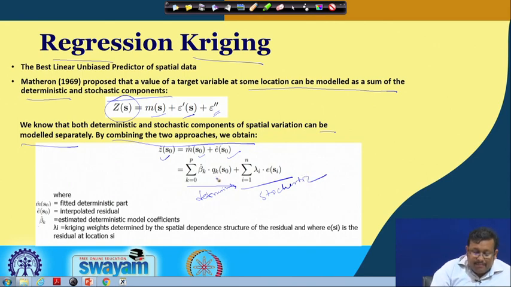In the deterministic component, you can see this is basically a linear regression equation, where these are the individual coefficients. And here you can see it is a kriging output, where AMS0 is the fitted deterministic part and this is an interpolated residual, and BK is the estimated deterministic model coefficient.